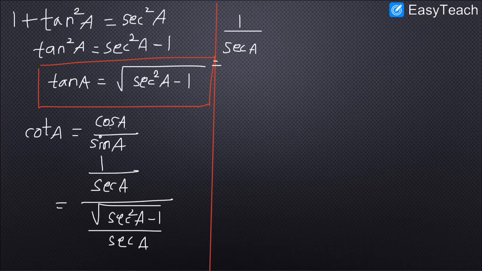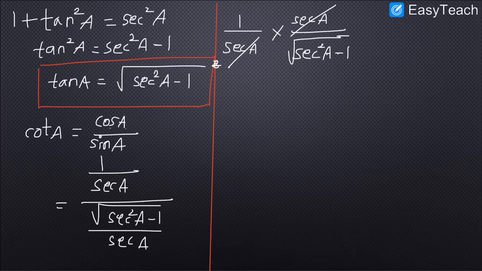So 1 by secant A into secant A by square root of secant square A minus 1. Let's cancel secant A, secant A. So 1 by square root of secant square A minus 1. This is for cot A.